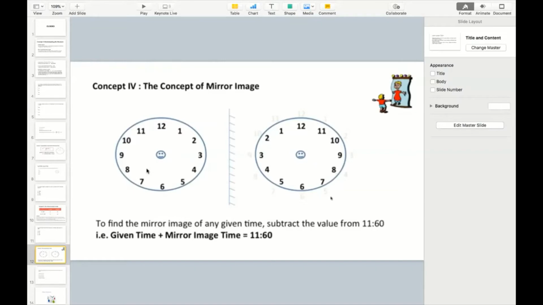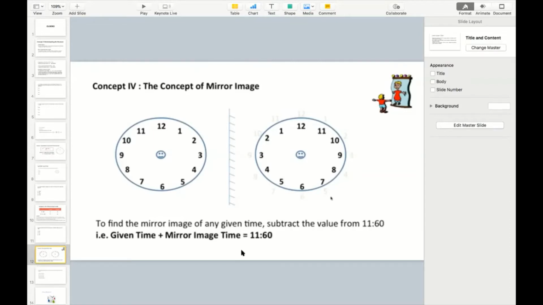The hour hand, when the time was 7:20, was pointing somewhere between 7 and 8. So now in the mirror image the same hour hand will point somewhere between 4 and 5. If the hour hand is pointing between 4 and 5, and the minute hand is pointing towards 8, the time becomes 4:40.